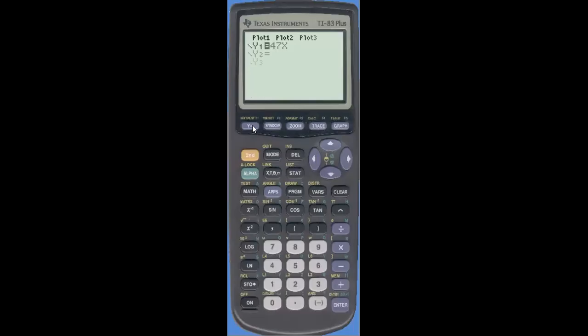So let's try that again. So I went to y equals. I typed in my equation. I went to graph, let it graph, and then I'm going to go second, trace, and if I'm looking for a specific value, I'm going to click where it says value. If I'm looking for 5, I type in 5, and it's going to say, oh, that's 235.